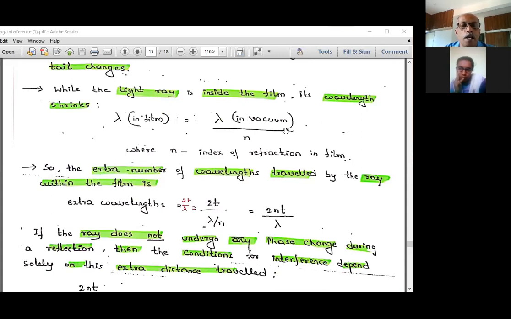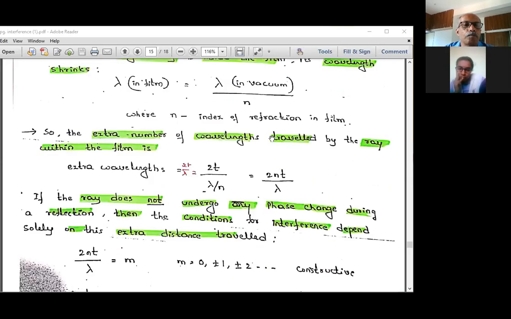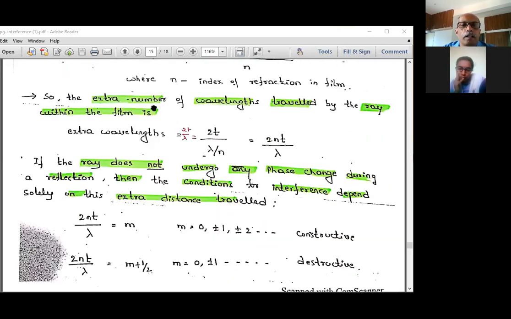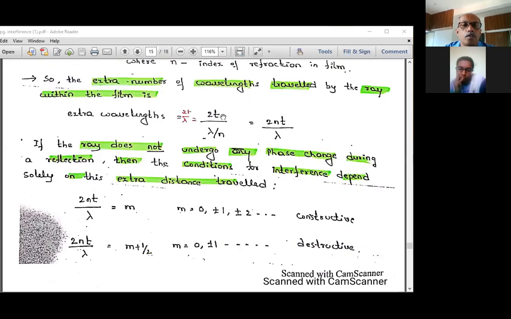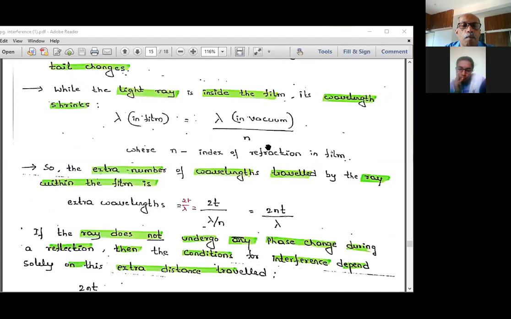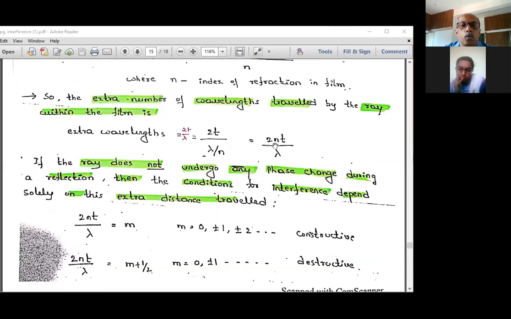Therefore, the extra number of wavelengths traveled by the ray within the film, or the extra distance traveled by the ray within the film, is 2t by n. It is 2t by n. Or 2t by n is replaced by n by lambda, lambda by n, or we get 2nt by lambda, where t is the thickness of the film.